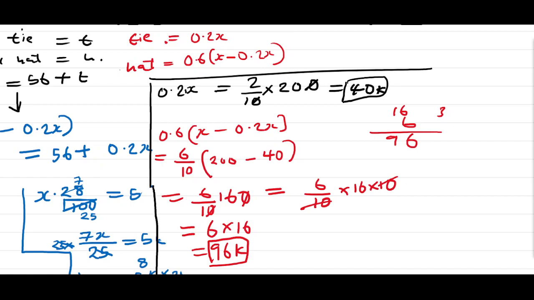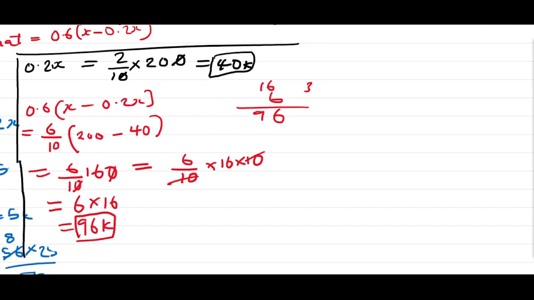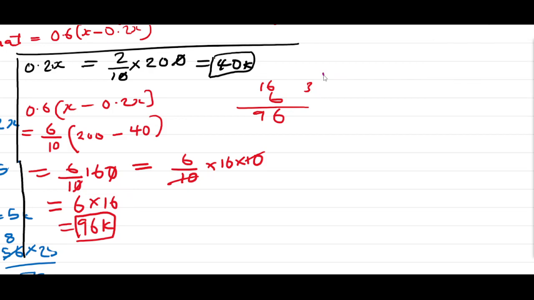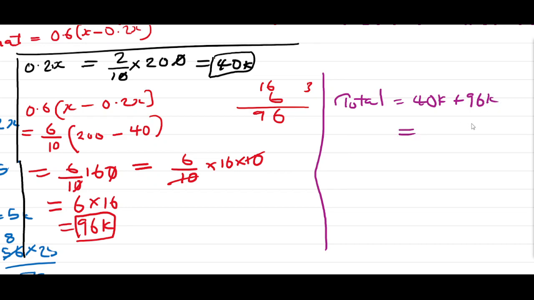So that means the total amount he spent. Let's find the color we have not used. So let's see. Total amount spent will then be 40 kobo plus 96, which is 136 kobo, right? Yeah, 136 kobo.